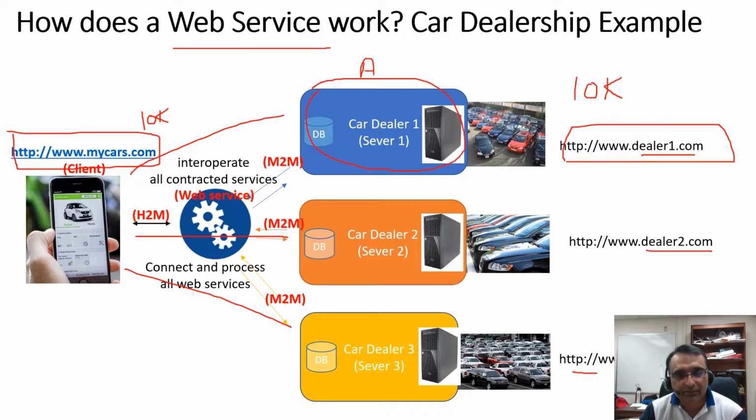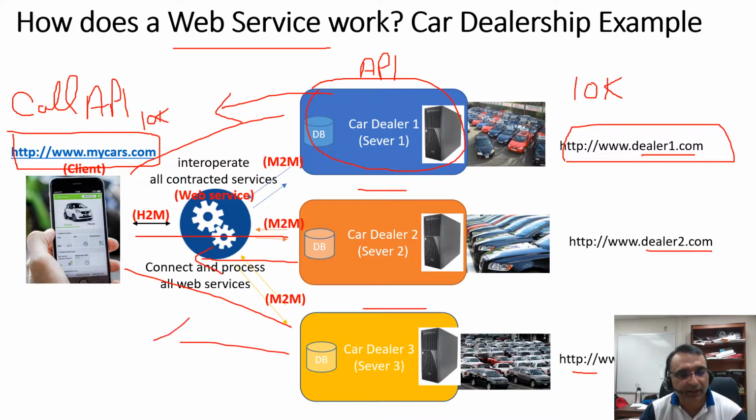They will create a service API. From here, you will call that API and they will send you the data that we have a car or we don't have a car with 10K price.